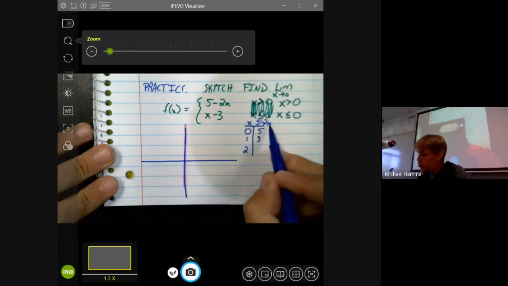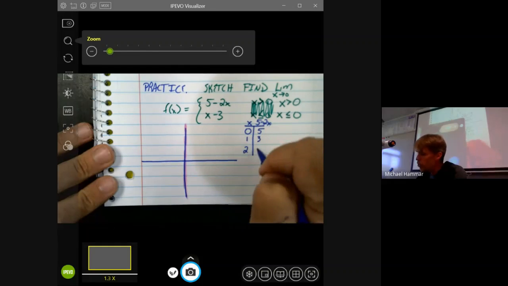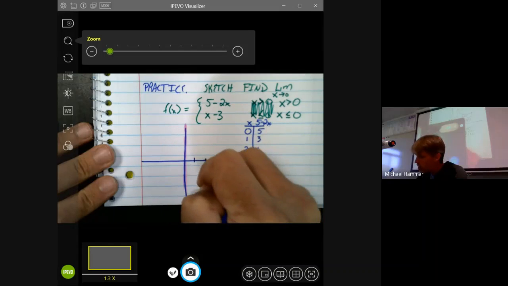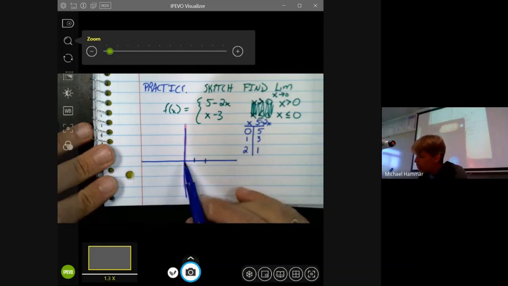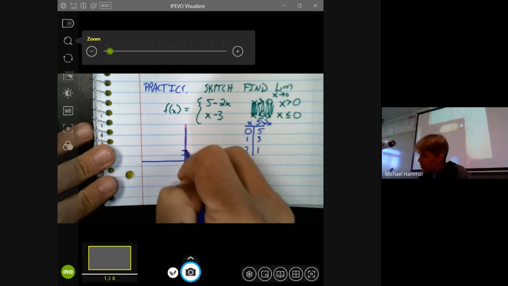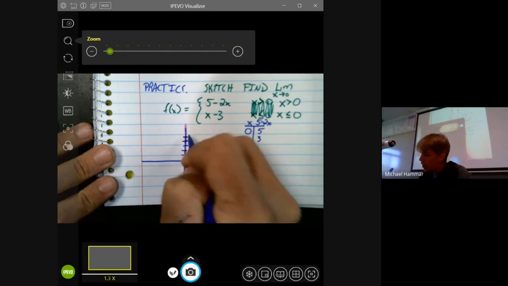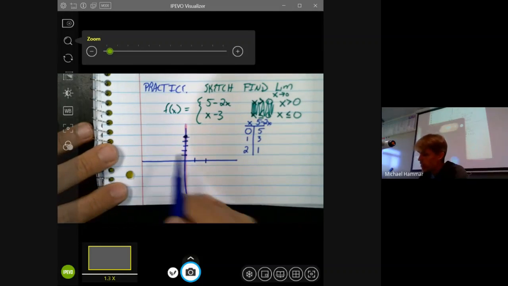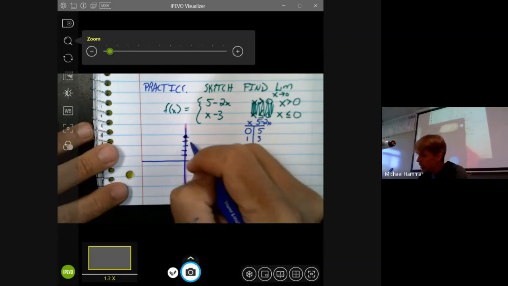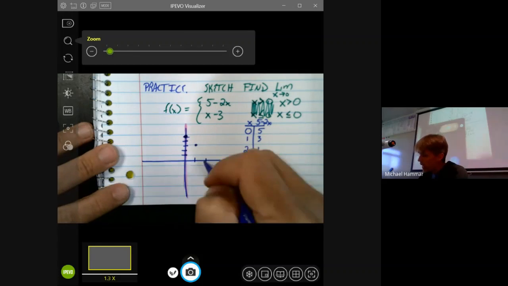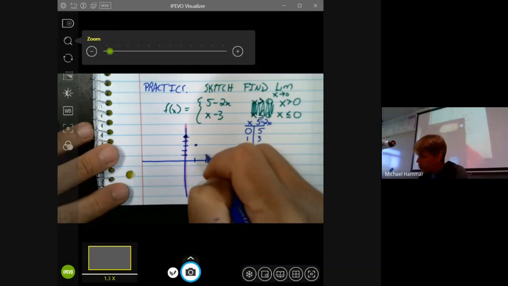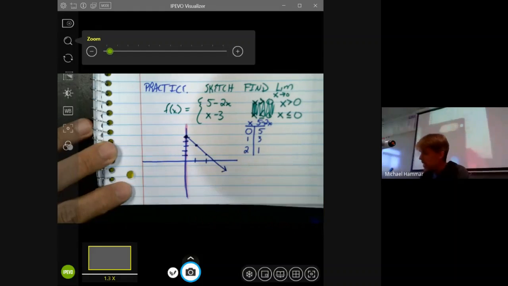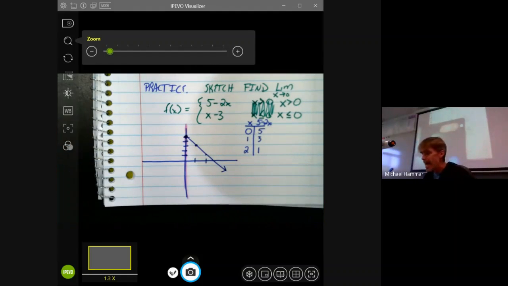And then plug 2 in for x, and 5 minus 4 is 1. So I know at 0 it's 5, at 1 it's 3, and at 2 it's 1. So this is the sketch of my graph on that side. It's anything greater than 0.